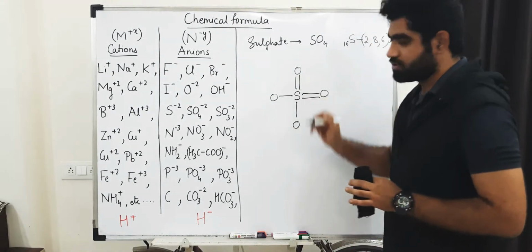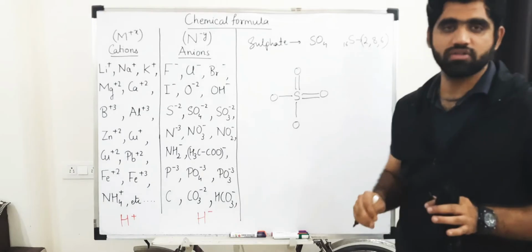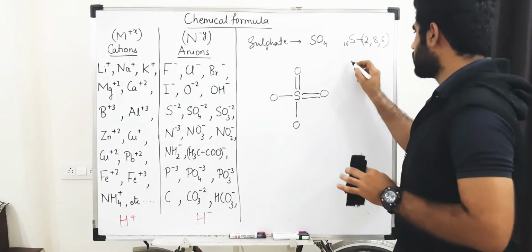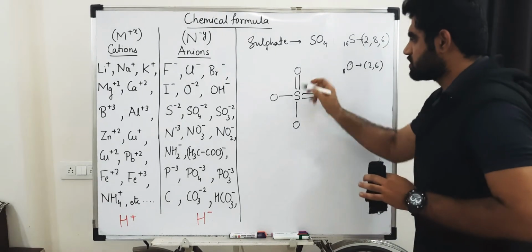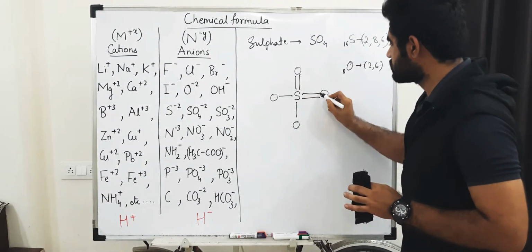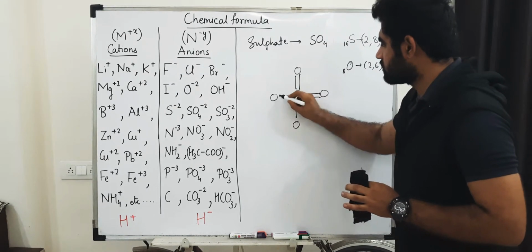Now what you can observe, we know oxygen requires 2 electrons to fill its octet, because oxygen is 8, that is 2, 6. So therefore 2 electrons shared, 2 electrons shared, 1 electron and 1 electron shared.